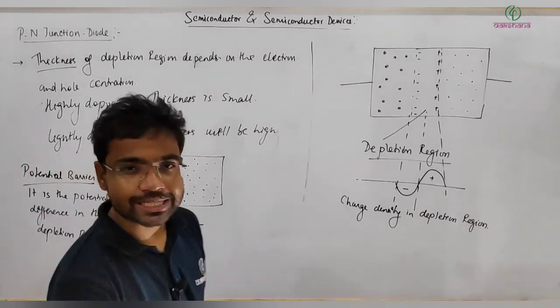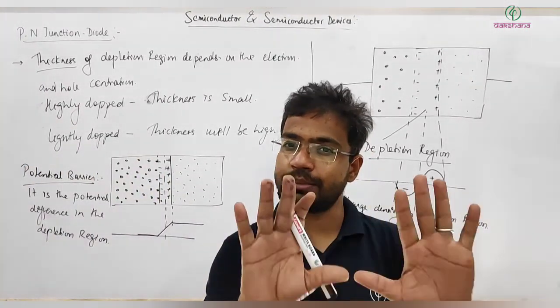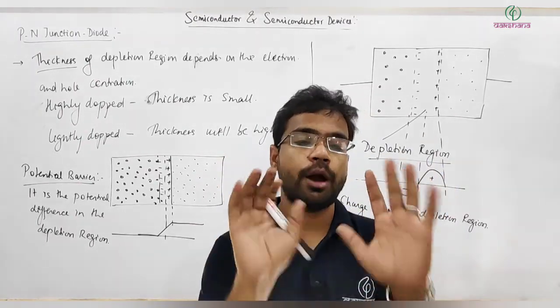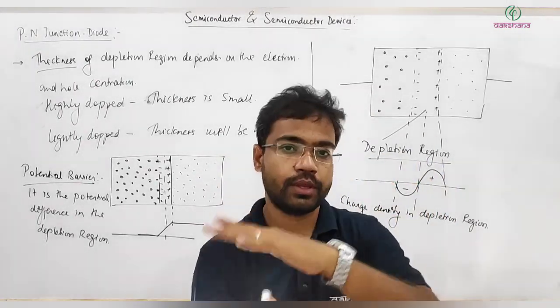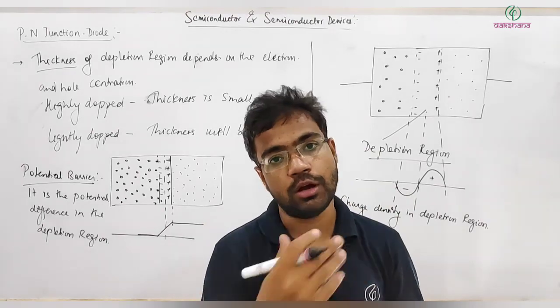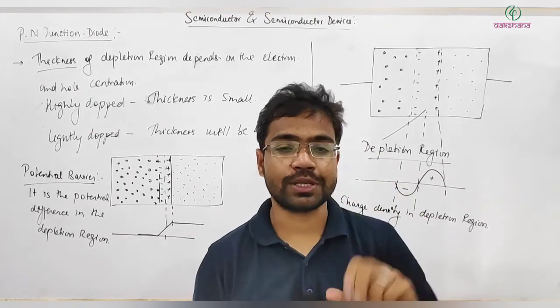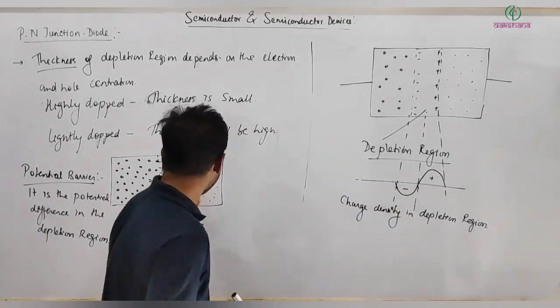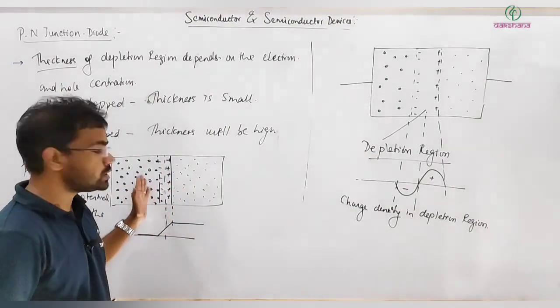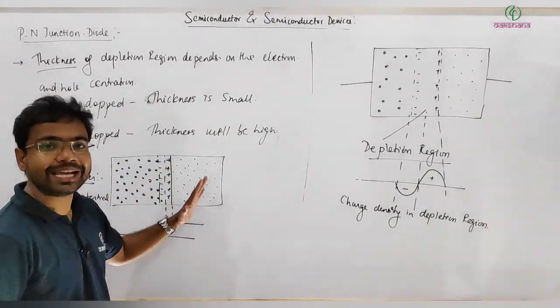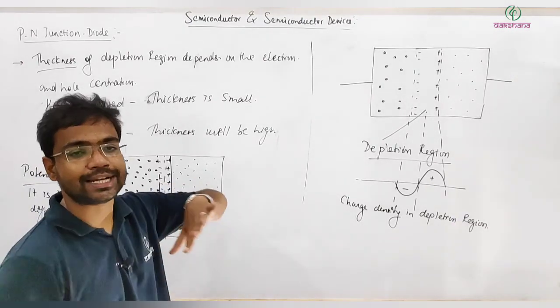Barrier, you must be understanding why. A barrier means something which creates some resistance, which tries to oppose, offering some resistance or some problem to the flow of something. So these are creating a barrier to the flow of holes, like a barricade, like fencing, that is barricading.